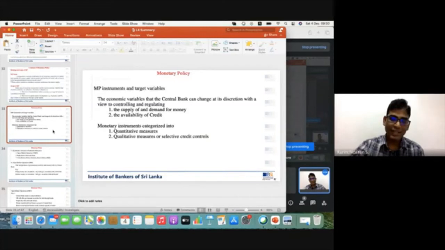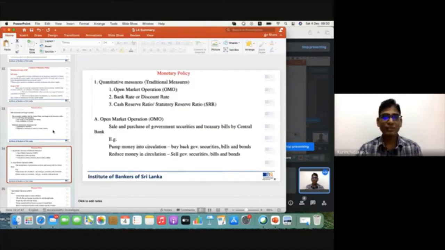Let's see the first one. The quantitative measures, we used to say conventional measures or traditional measures, or several names. These are the normal, usual measures a central bank can take to control money supply or credit growth.